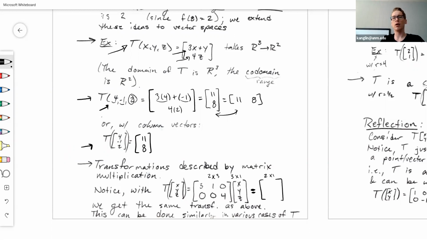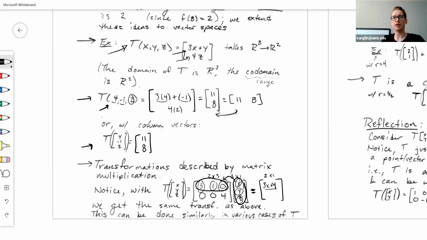But what do you get here, right? To fill up the first component of this output, you would take the first row of the matrix being multiplied to the left, and the first column of the matrix being multiplied to the right. Lay the column over the row, right? You're really doing a dot product with these two elements of R3. And what do you get? 3x, 3 times x, plus 1 times y, plus 0 times z.